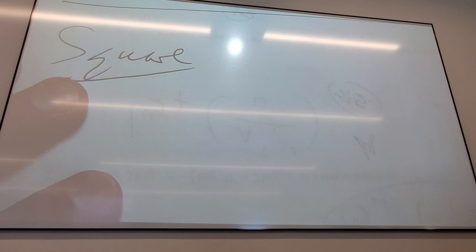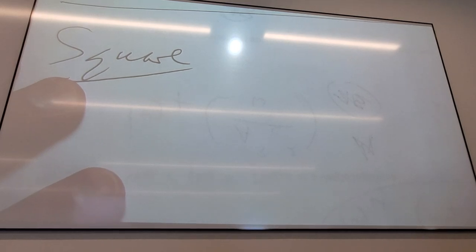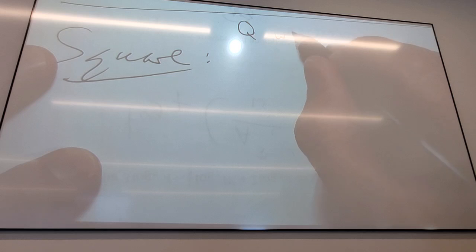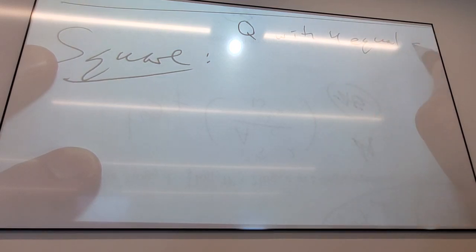Who wants to share it with me? Yes. A quadrilateral with 4 equal sides and 4 90-degree angles. Quadrilateral with 4 equal sides and 4 90-degree angles.